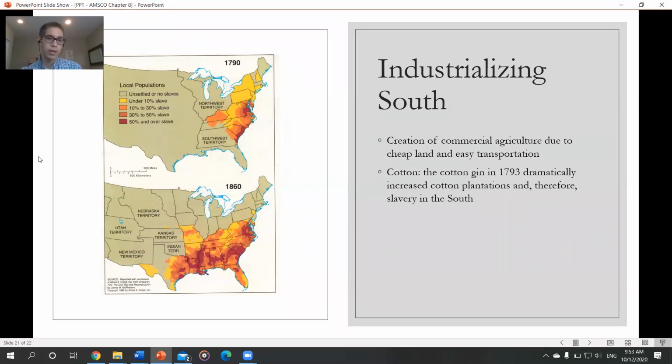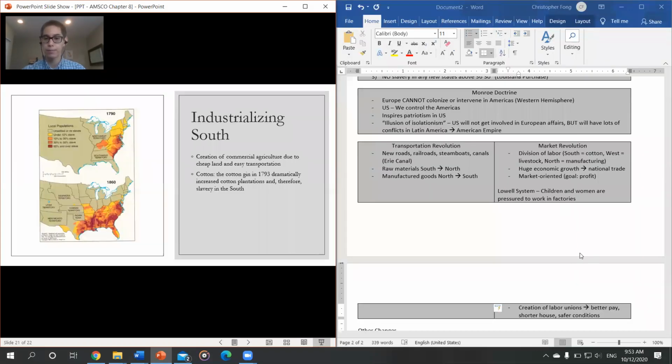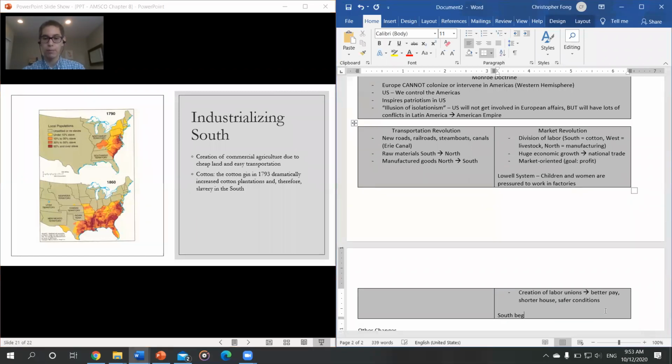And so you can see the spread of slave populations throughout the South, which will obviously lead to conflicts with the Civil War. As the slave population spreads, because they're working the land, that's going to lead to increased productivity as well. So I'll just add that as a detail. South begins to industrialize too, with the spread of slavery in the South.